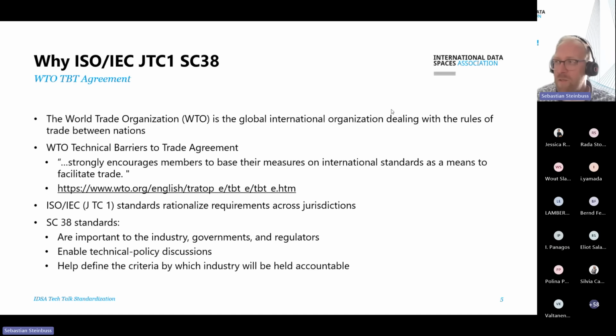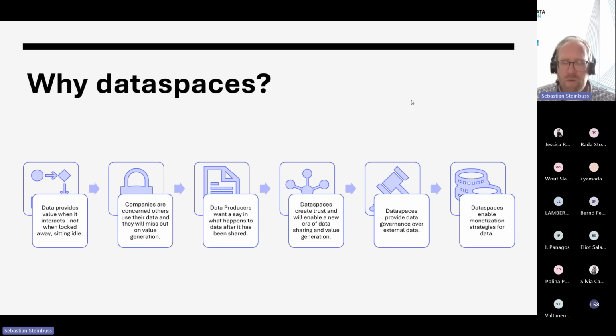But let's get a little bit to the content itself. Why do we talk about data spaces in the end? And everyone that is already active in IDSA, well, I don't have to explain to you why we talk about data spaces, but we do have to if we talk in such international consortia and gremia, and explain what is new, what did change really?